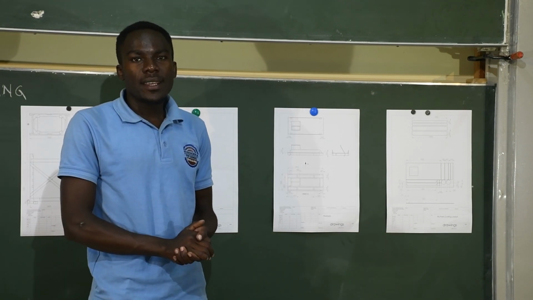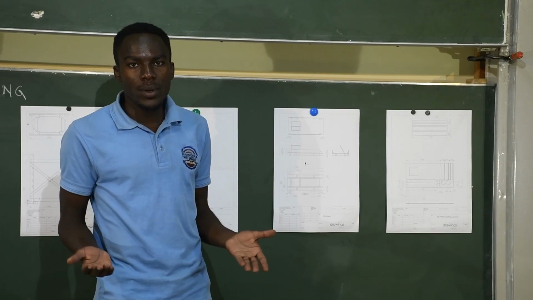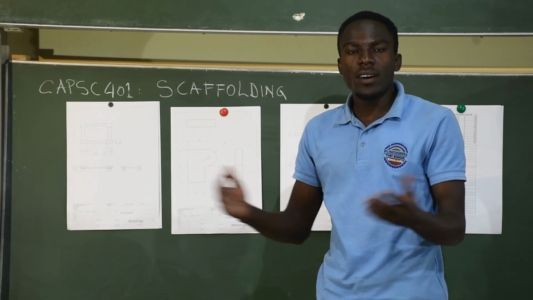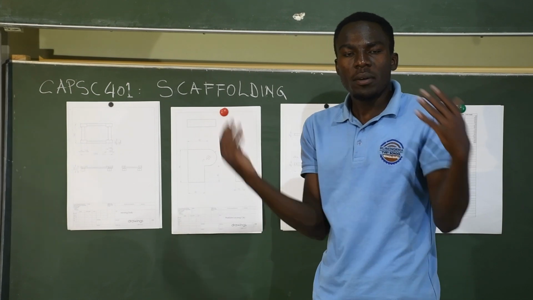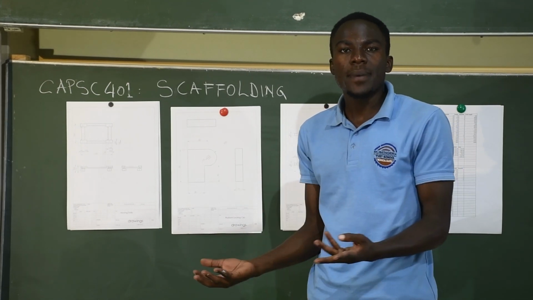The next drawing will give us an idea of how we are going to cut the ply or the board of our platform. The first was the platform in general, but now how are we going to cut our platform board? As our scaffolding will be moving, we have the tower and a platform, and then we have to think about the moving part.